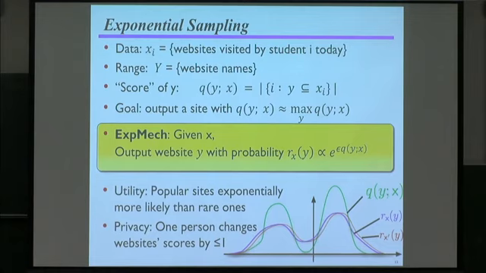Imagine that our data set consists of, for each person, the set of websites visited by them today. Suppose I'm doing the study at Penn State. For each of my students, I collect which set of websites they visited. Of course, there are many websites out there, and they could have visited an essentially arbitrary subset of them.